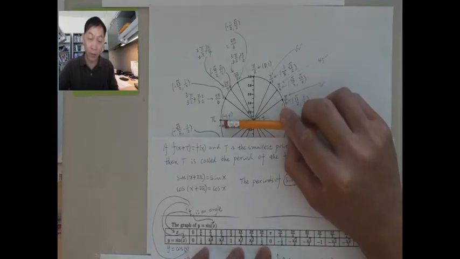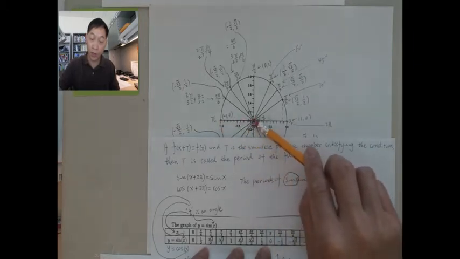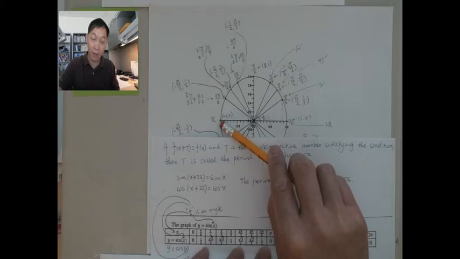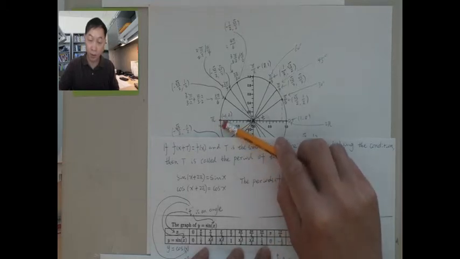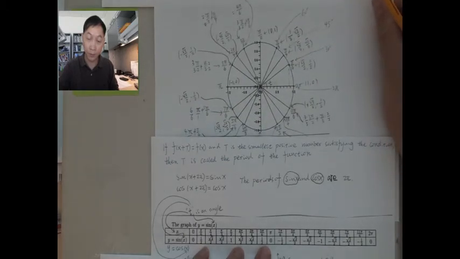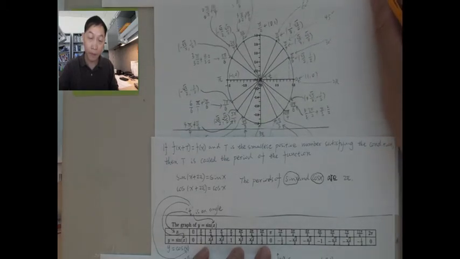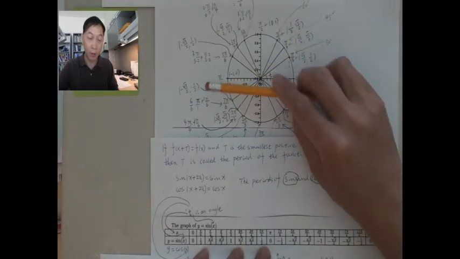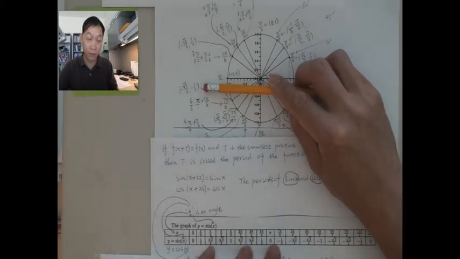This is -1, 0. Because this is a unit circle. Again, this is the radius. So x coordinate is -1, y coordinate is 0. Okay? Now, let's look at below. Below down here, this one, y coordinate -1/2.